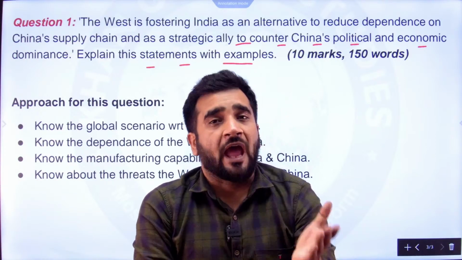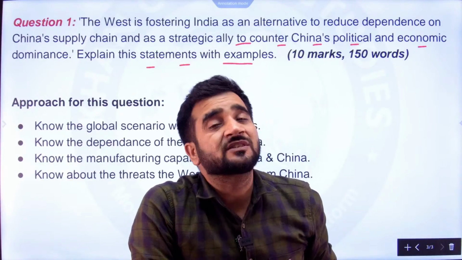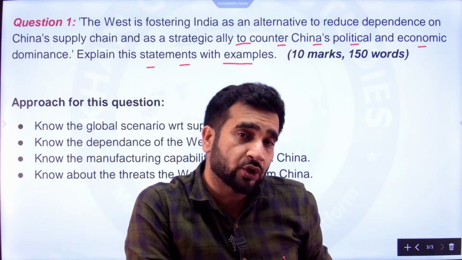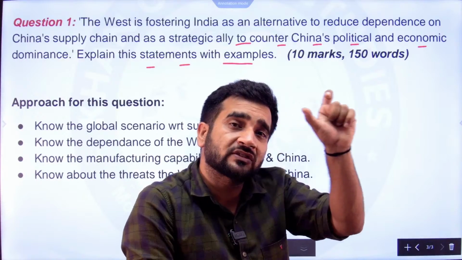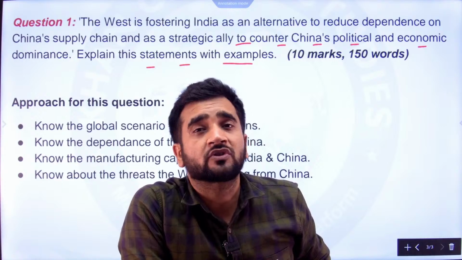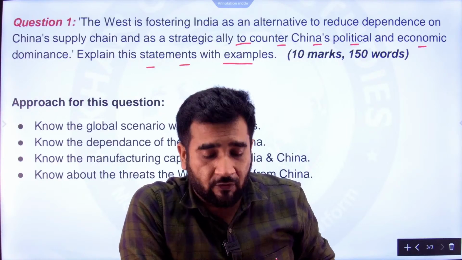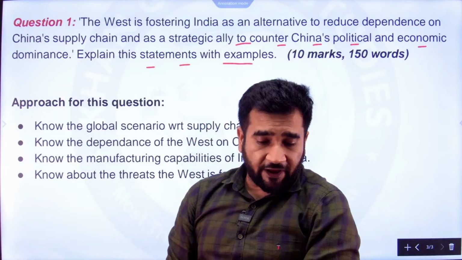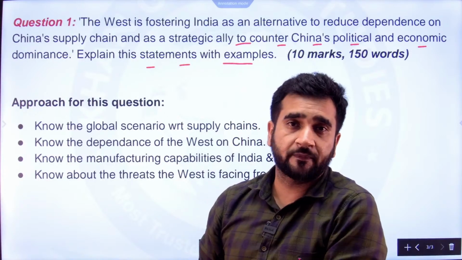You can see Apple's manufacturing unit has come to India. Samsung's manufacturing unit has come to India. They've shifted base from China to India. This clearly highlights how the West is looking for options other than China, because China is being too unfair in its dealings with the West, as per the West.